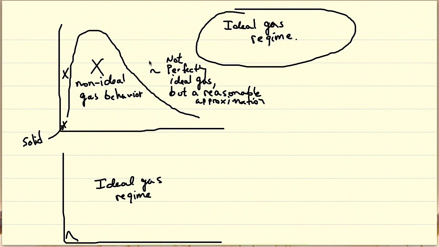So if you have steam, for example, and your steam never undergoes phase change during a process, well, if you assume ideal gas behavior, it's actually not going to be that far off. It might be, say, 20% off in terms of what the accuracy of the number is. So where we definitely can assume ideal gas behavior is up here in this sort of stratosphere region of the TS plane.